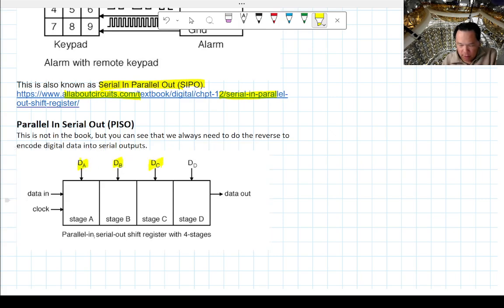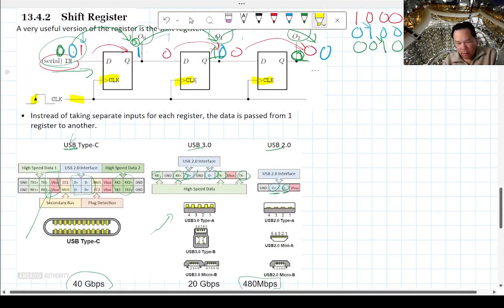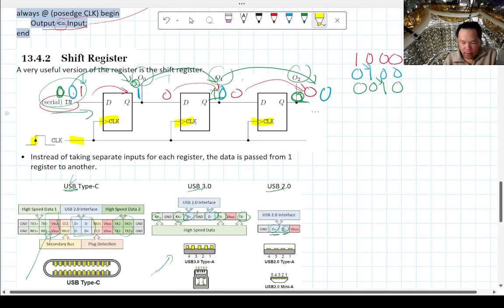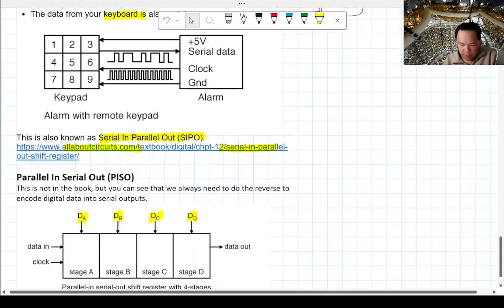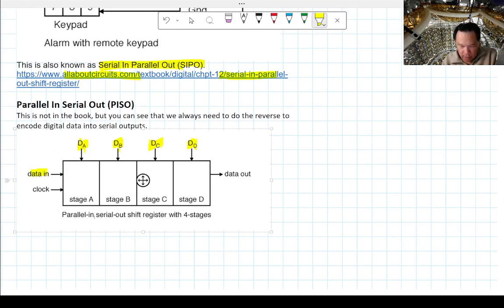So this is the data that's coming in, DA, DB, DC, so it's 4 bits of data. You have a similar construction as this, but everything goes backward because you want to have the data go out instead of going in. I will have you think about how to build this using flip-flops.